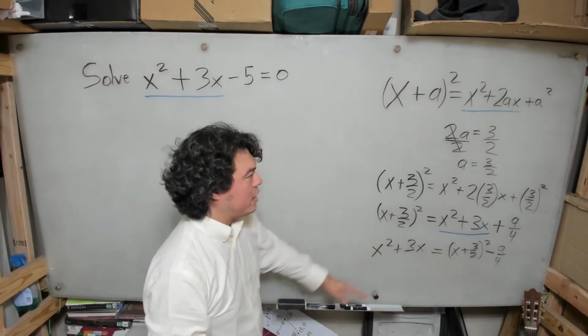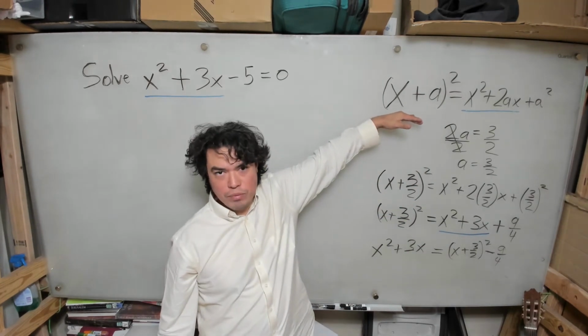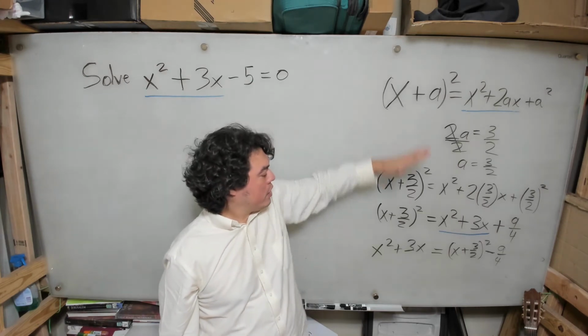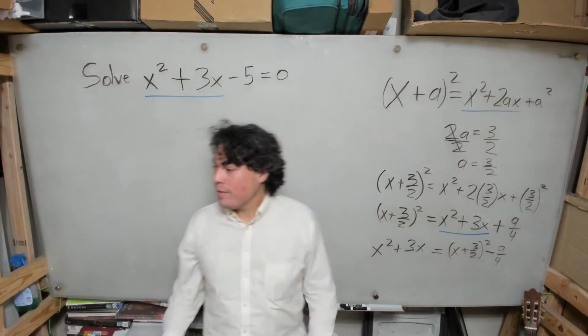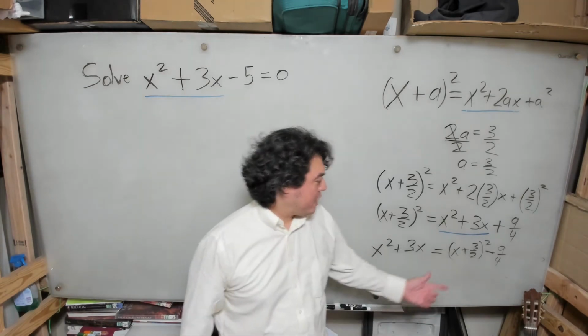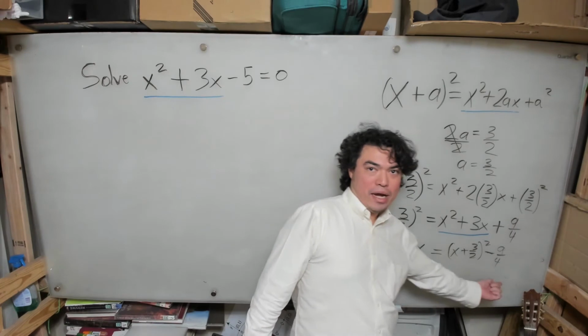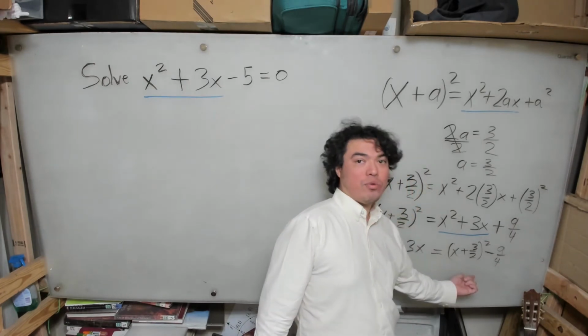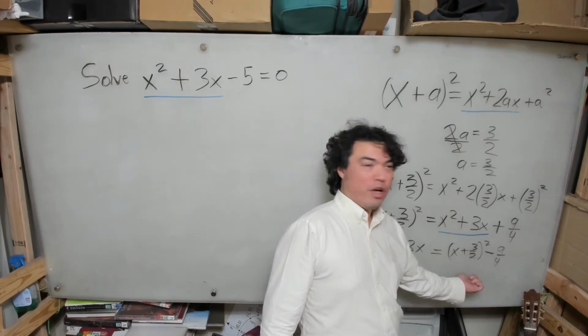So this relationship, which we derived in the previous video, allows us to rewrite x squared plus 3x as this square term minus some constant. That is what we're now going to use to solve this problem.